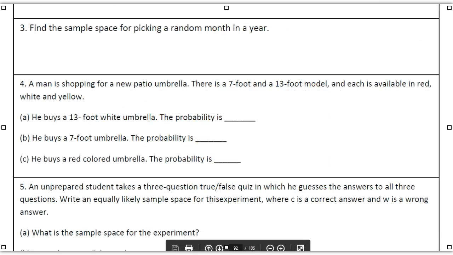In number 3, we're going to pick a random month of a year. So we just list all the months.